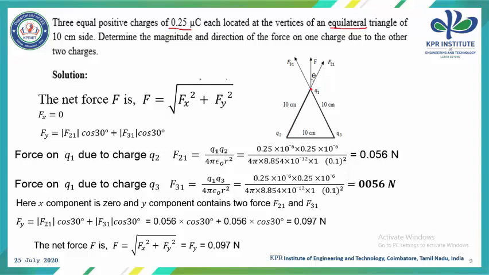The force acting on this charge is due to the other two charges. The force acting on this point is due to the charges Q3 and Q1, and in the other direction the force on this charge is due to the charges Q2 and Q1.